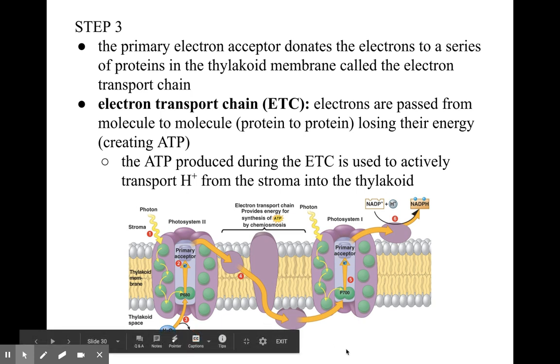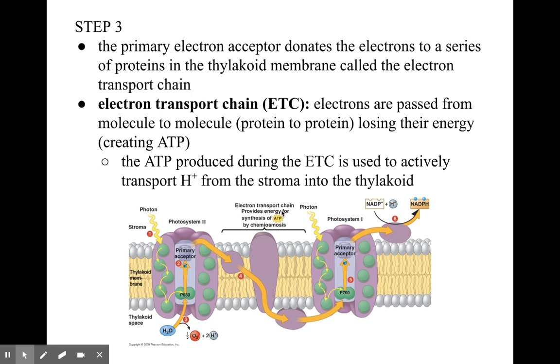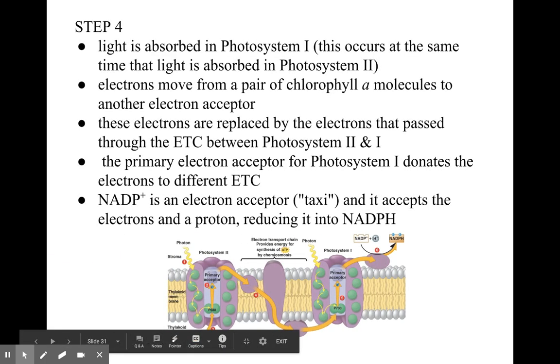That's going to help the chemiosmosis that's going to happen over here. Because the electrons are falling downhill, it's a way that we're going to be able to make ATP.